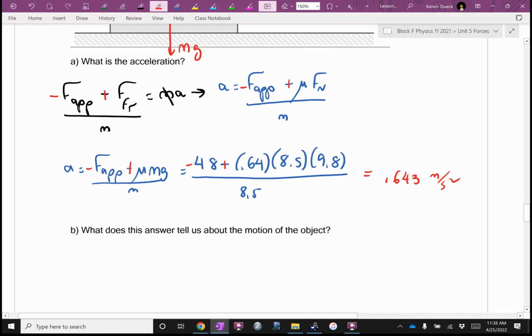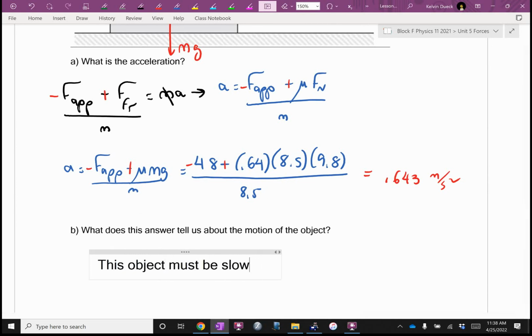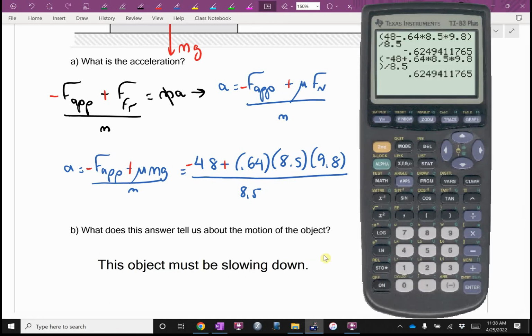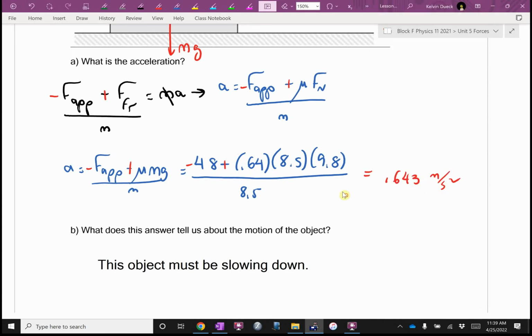Yeah. I'll come look at your calculator in a second. But first of all, this object must be slowing down. Am I right? Is it 0.643? No. Oh, I'm wrong. So I made a typo. Where did I make my typo? 0.64 times 8.5 times... I wrote it wrong? 0.645.